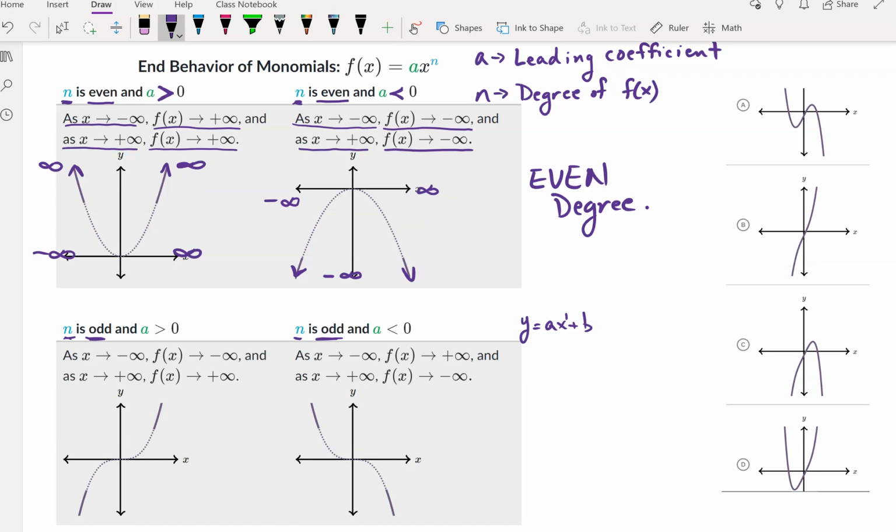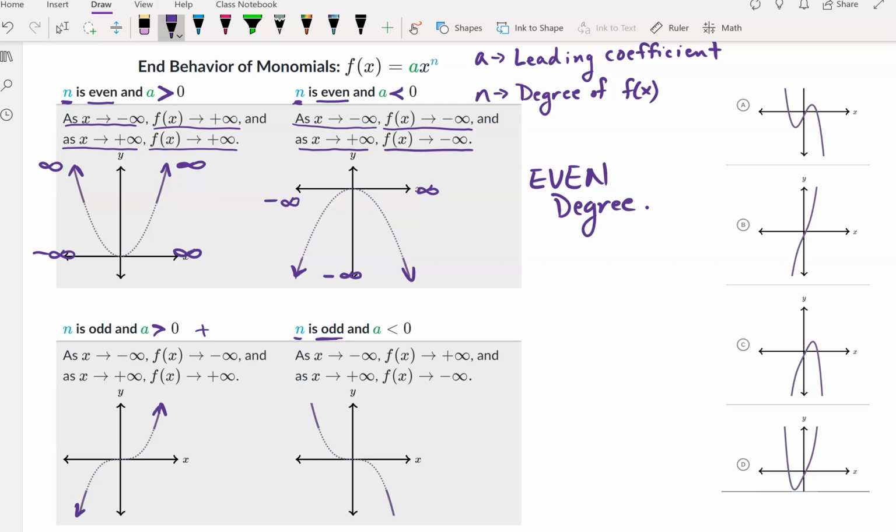1 is an odd number, so a linear function would have an odd degree. These that you're looking at here probably have a cubed. It's probably an ax cubed of some kind. And it doesn't matter if it's cubed or to the 5th or to the 7th. If n is odd, and your a value is greater than 0, that means it's positive, then you are going to be opening down to the left and up to the right.